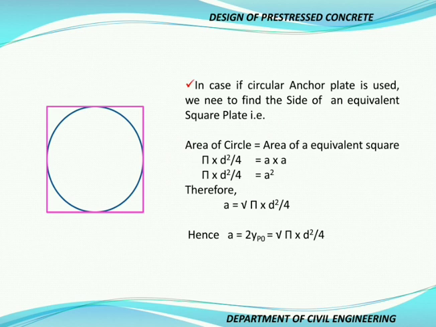Once we compute the bursting force, using that we need to obtain the area of reinforcement required. From the area of reinforcement required, fixing a suitable diameter of the bar, we need to find the number of bars required or the spacing required. So be prepared with these formulas. From the next lecture onwards, we will go ahead with the examples.